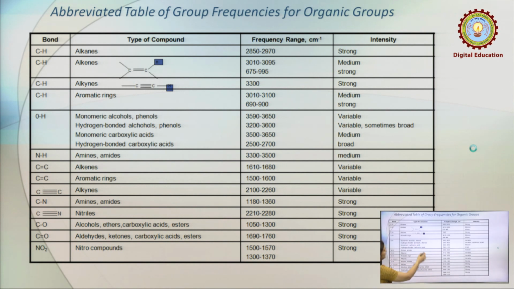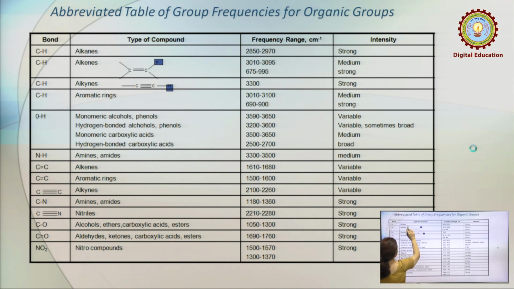These are some characteristic absorption frequencies of organic groups. We have to remember these, as they are very helpful in determining the structure with the help of these frequency ranges.